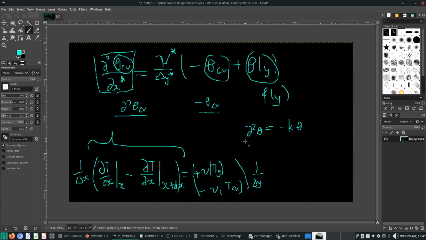Now what is this? This is a simple harmonic oscillator kind of equation, but just as well, it actually fits the exponential sort of equation. The so-called exponential decay curve also works here.